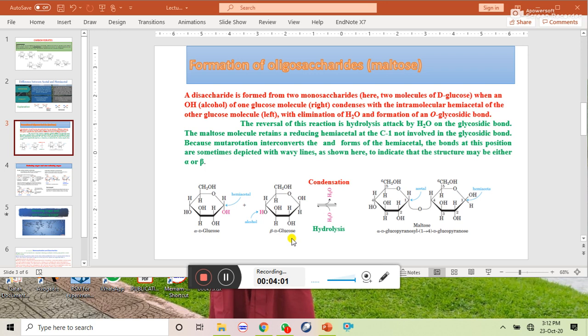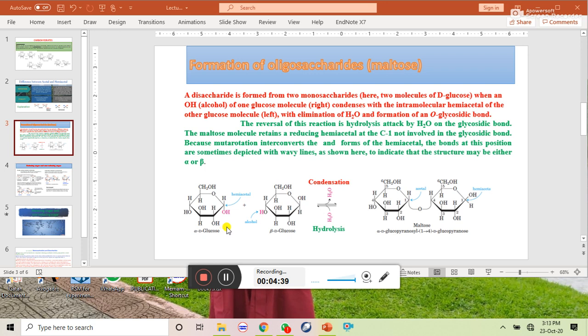As I have explained earlier, if this OH and this OH group are opposite in direction, then we term it as alpha glucose. And here we have beta glucose. Why do we call this beta glucose? Because this OH and this OH are in the same direction.